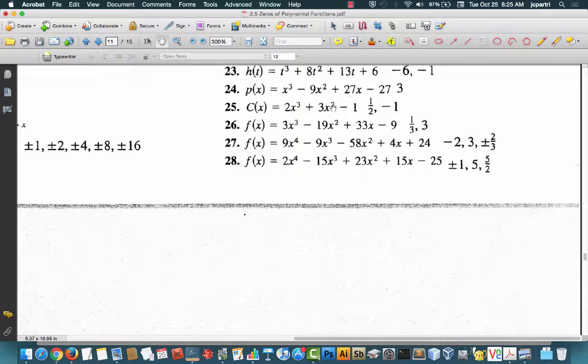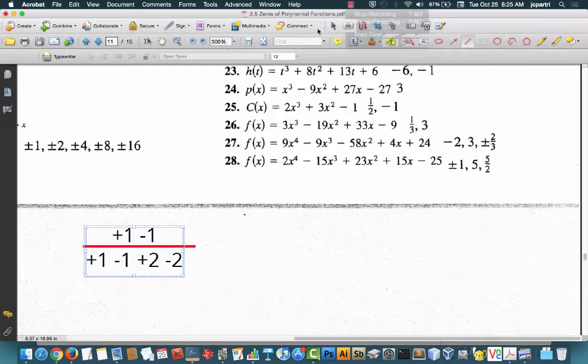So the divisors of -1 are plus or minus 1. The divisors of 2 are plus or minus 1, plus or minus 2. So what we have to do here is take all the integer divisors of -1 and divide them by all the integer divisors of 2.